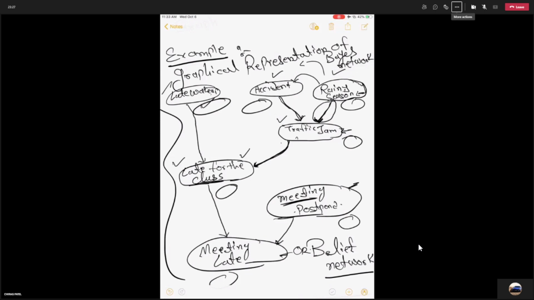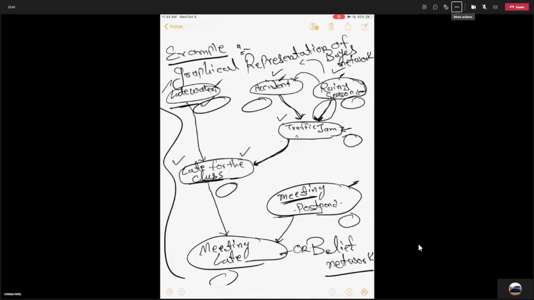Your arrow will show the relation between your ancestor and descendant. Please understand it. And every time if you are having no parents, it's only having one value. Here you are having traffic jam, you are having two parents.